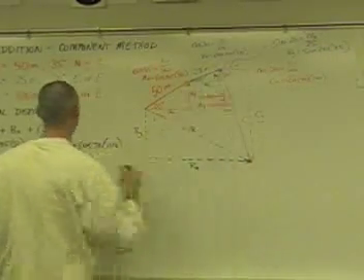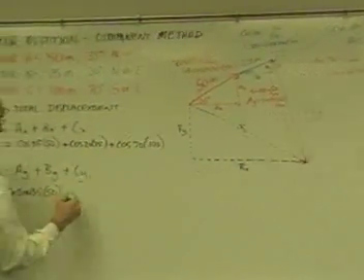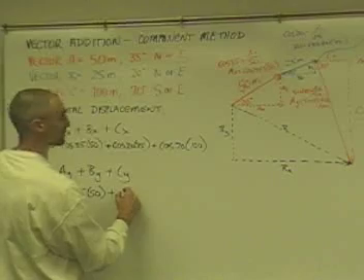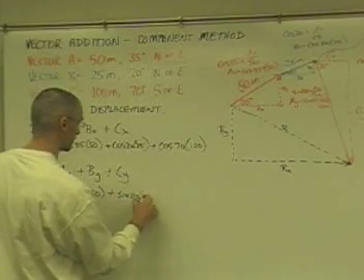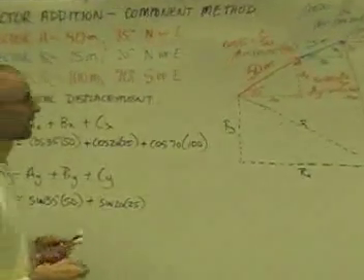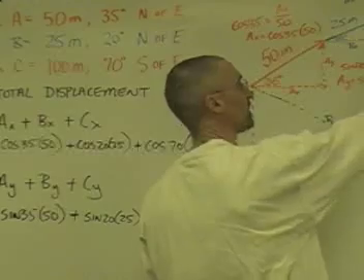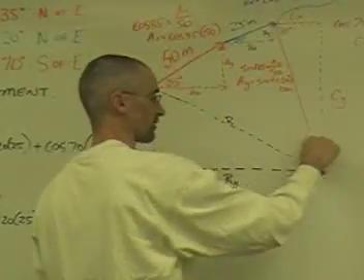Notice it's moving upward, so that's going to be positive, so we'll come back and write that in here as positive sine of 20 times 25. And then we're going to go to the very last piece here, and the addition is this vector is moving in that direction.